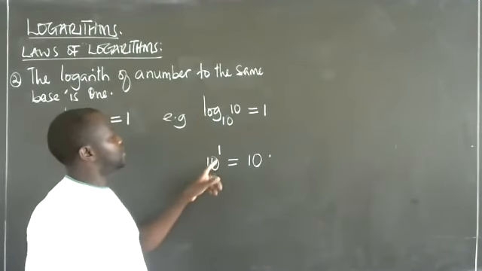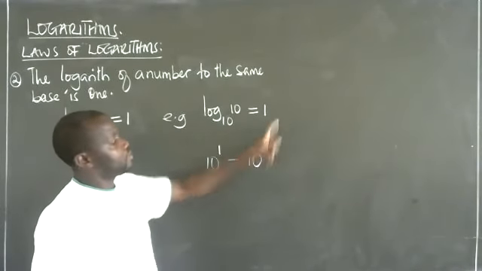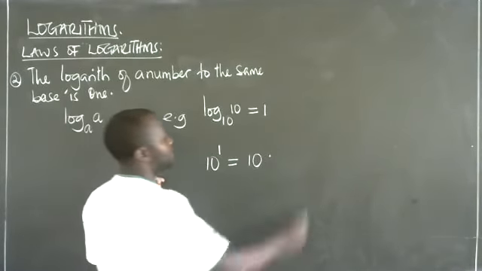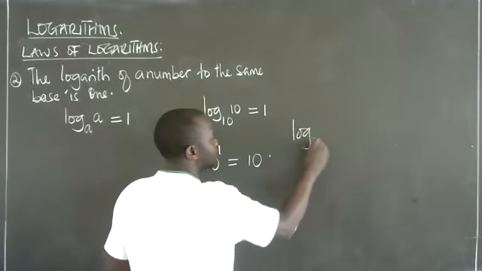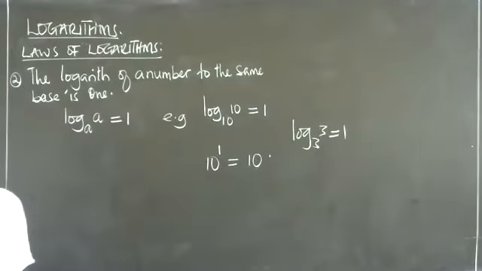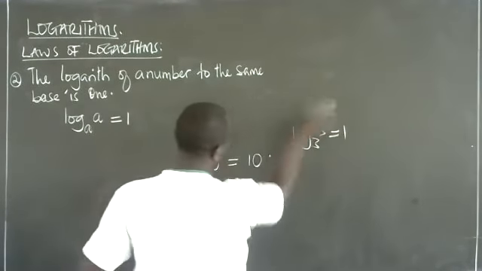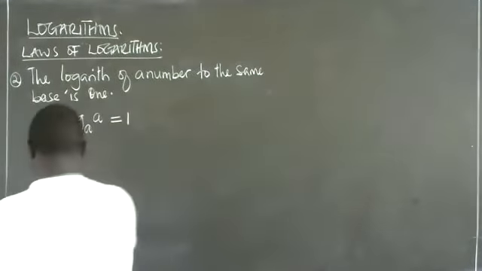So as long as the base and the number itself are the same, the answer will always be equal to 1. So wherever you find log 3 to base 3, the answer will always be 1. We can prove this, just like we proved the earlier one. Proof.